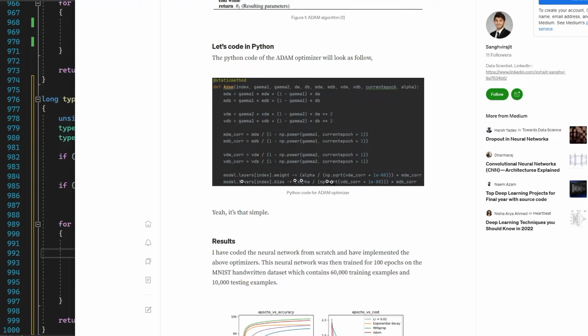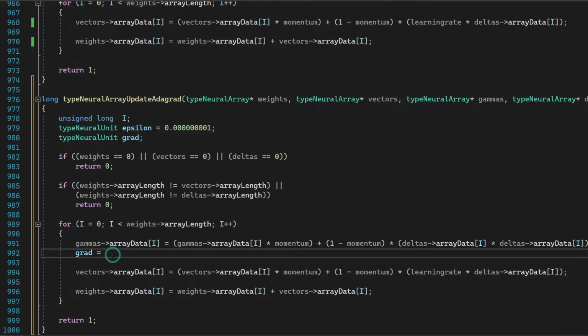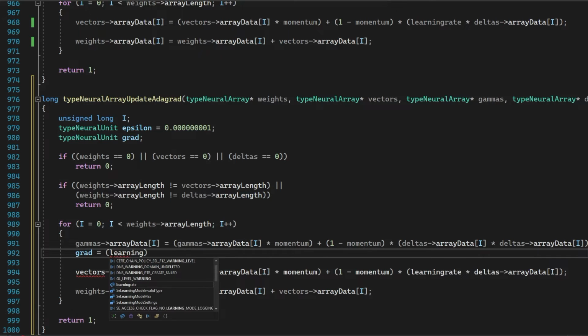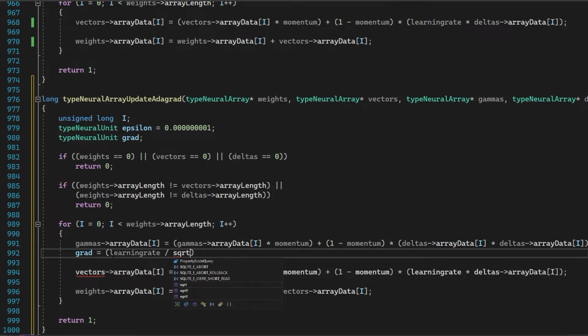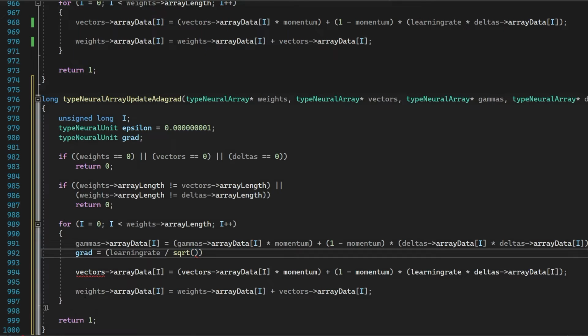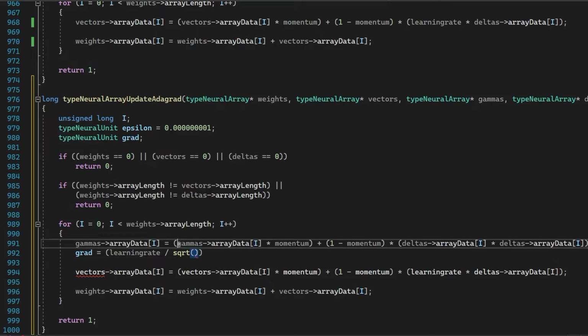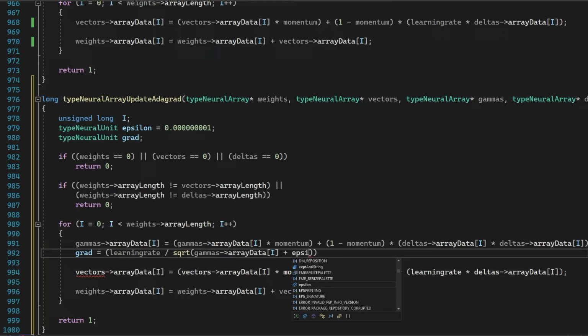Yeah, it's learning rate divided by the square root of gammas dot I plus epsilon.